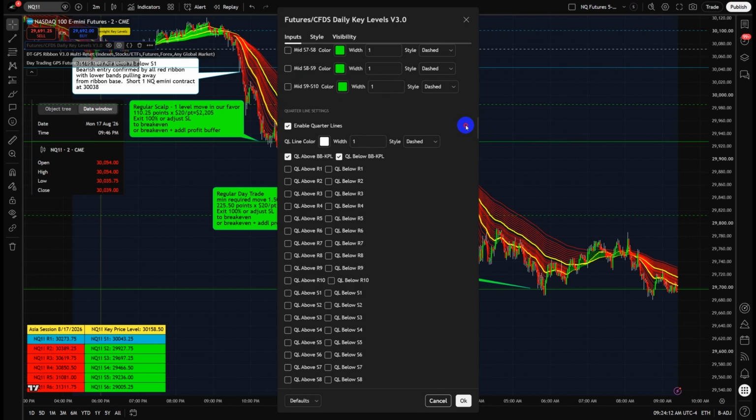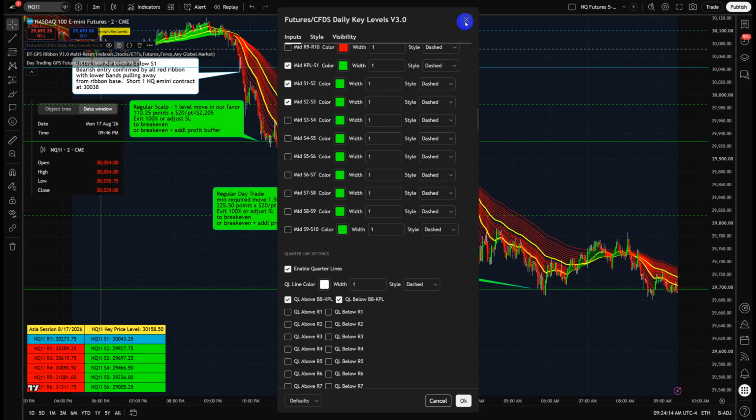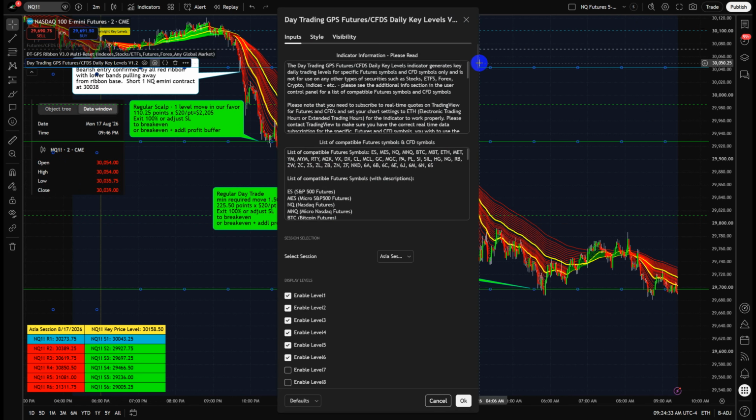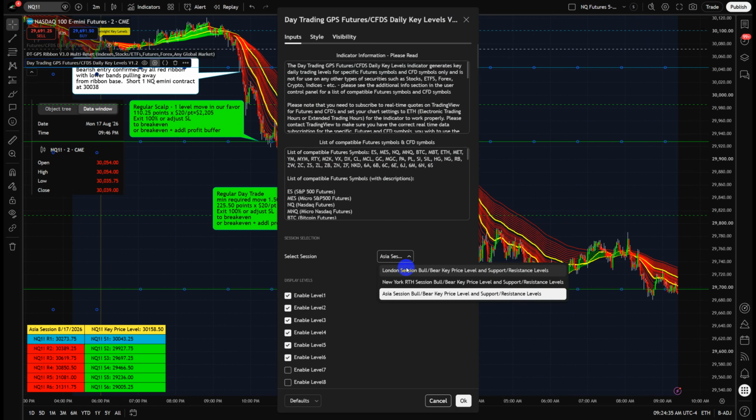We're just simply pointing out that when you do purchase the futures daily key levels indicator, you actually get 2 indicators: the V3.0 indicator, which is the newest version, and that is just for use on New York RTH, and then you also get the V1.2, the previous version, which also has the New York levels.